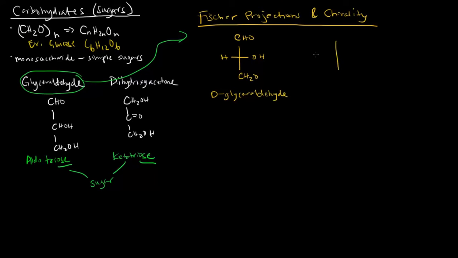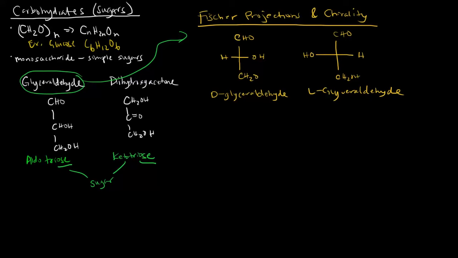whereas this is L-glyceraldehyde. Now, all we did was just switch the H and the OH. If you remember with Fischer projections, the horizontal lines represent groups that are coming out of the plane towards you, and the vertical lines are implied to be going backwards into the plane.